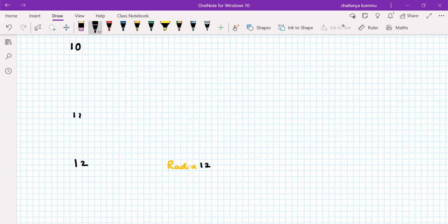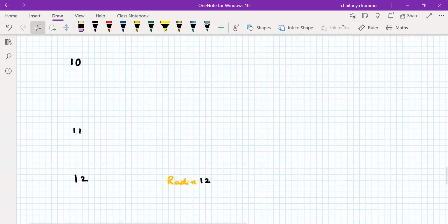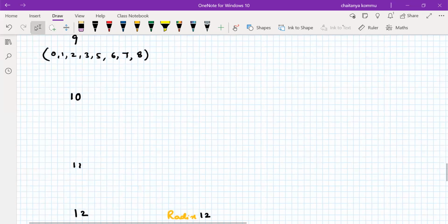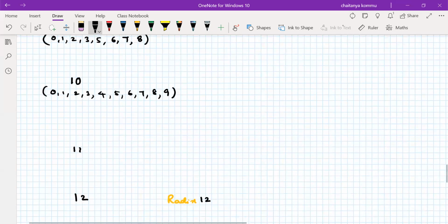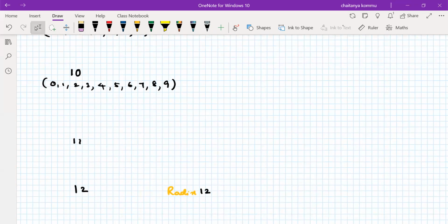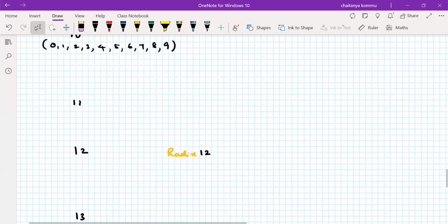What are the digits that I can present here? Let me complete this one so that you can understand that point. 0, 1, 2, 3, 4, 5, 6, 7, 8, and 9. Up to these digits only, we know very well. So what about other numbers?